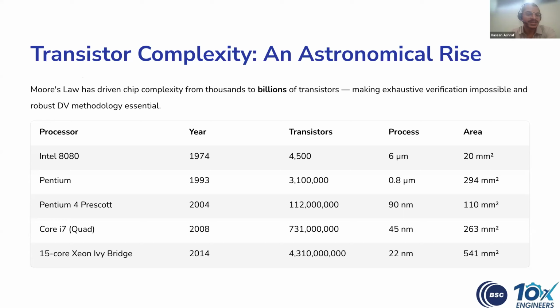So it's mathematically impossible to verify each transistor or each scenario in the design. That's why verification methodology had to evolve from testing everything to proving correctness strategically. So now we have smart verification methodologies that we use to verify such complex designs in reasonable time with high confidence.